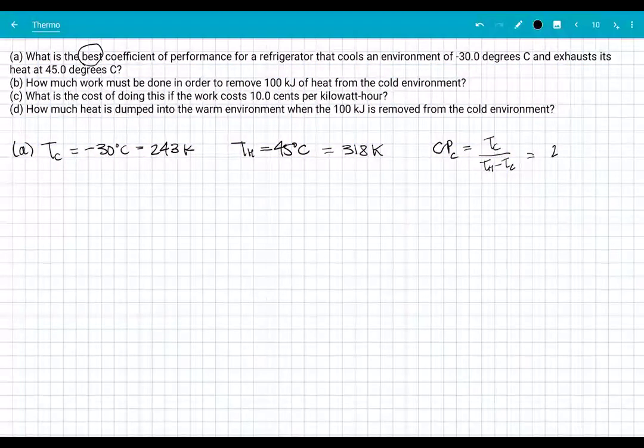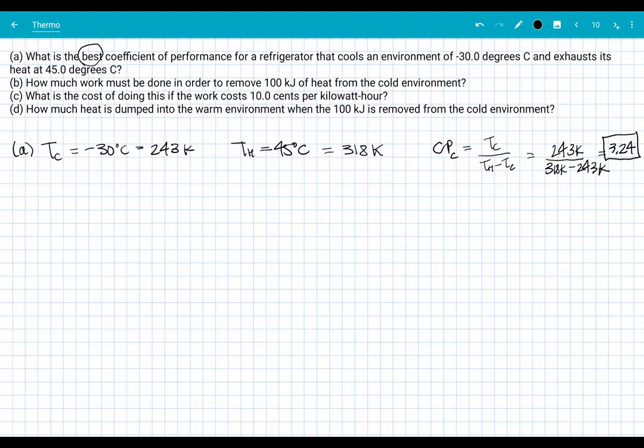So that gives me 243 over 318 kelvins minus 243 kelvins, which gives me 3.24. That is my best coefficient of performance.